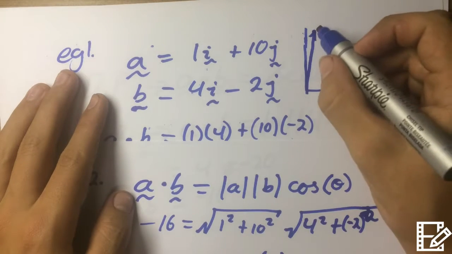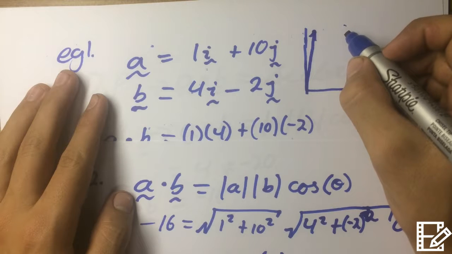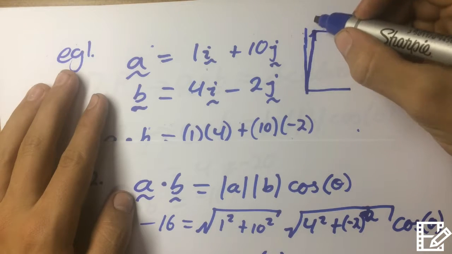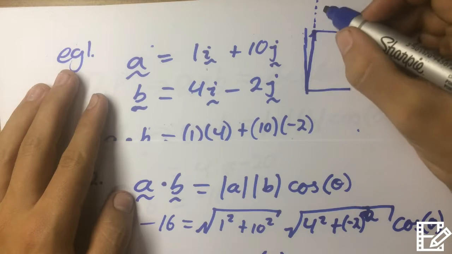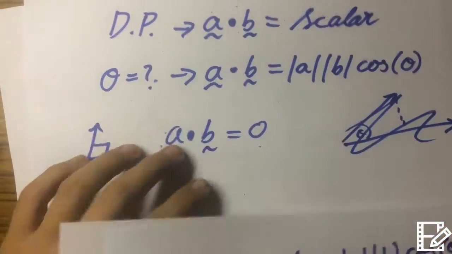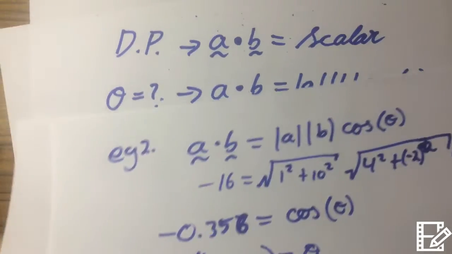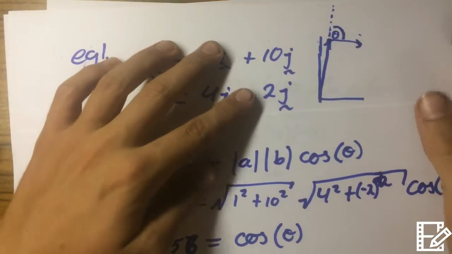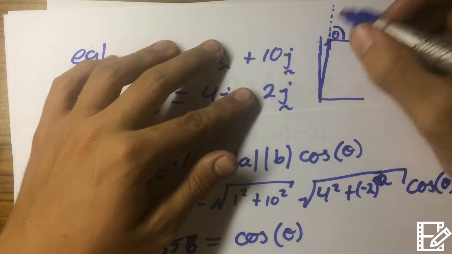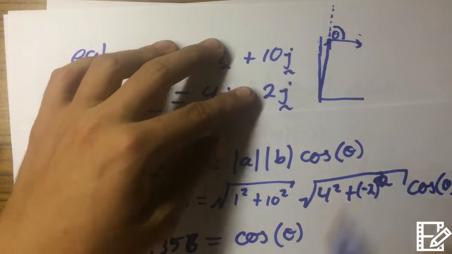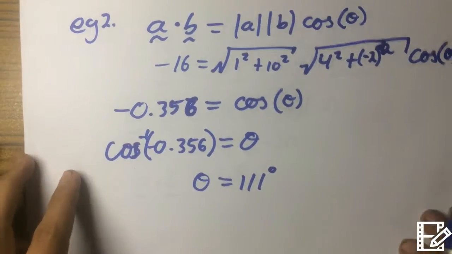And then if we go across 4 and down 2, basically if we trail this up and we're looking for the angle here, or you could arrange it how I did at the start of the page, where you put them tail to tail, but just for vectors' sake, you do it like this. You just imagine that it keeps going on and you find the angle there. And that angle is 111 degrees.